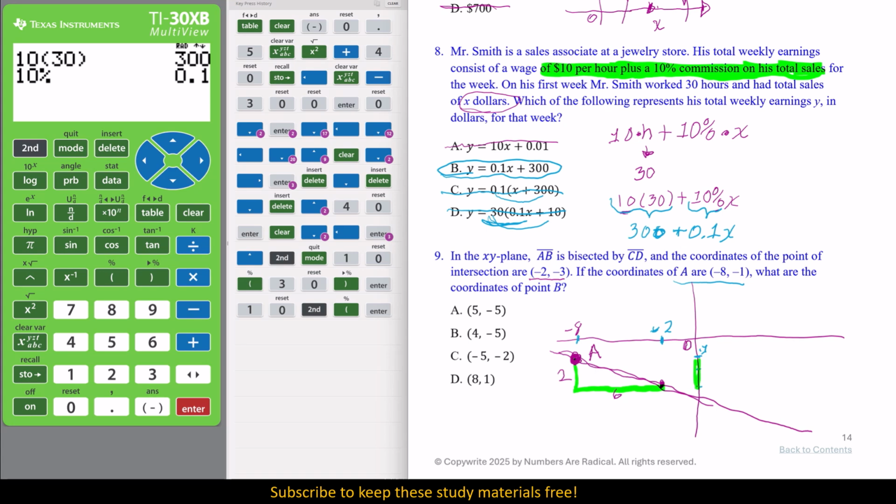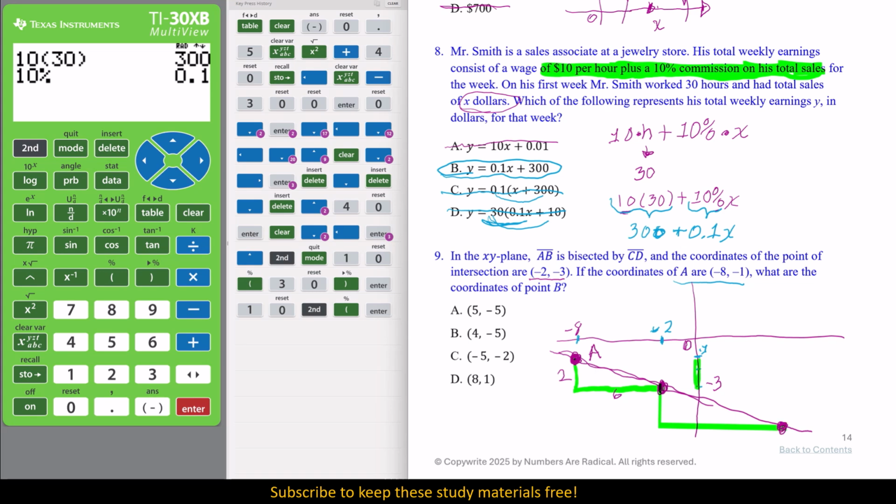So if I continue from this midpoint, -2, -3, and I follow that pattern of down 2 and over 6, where will I be?